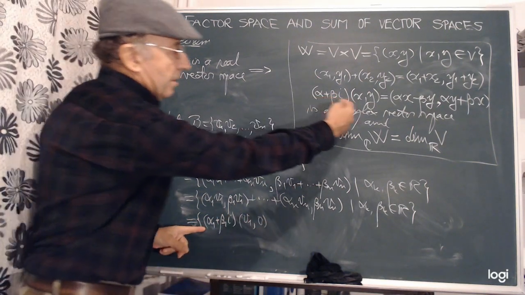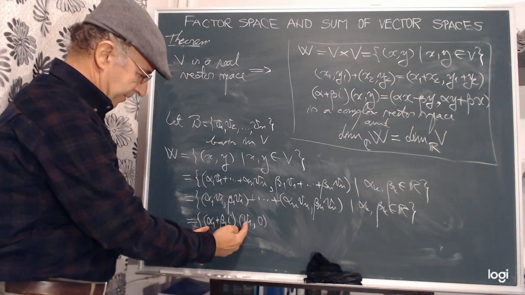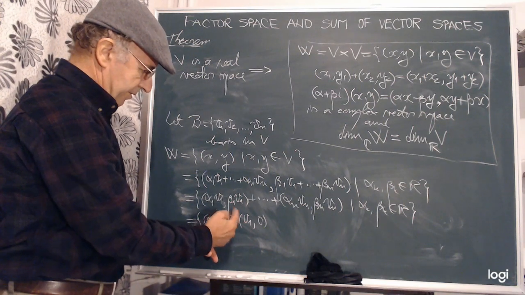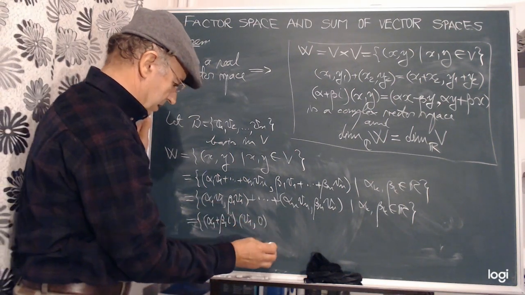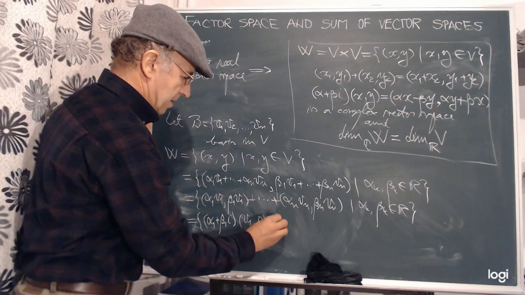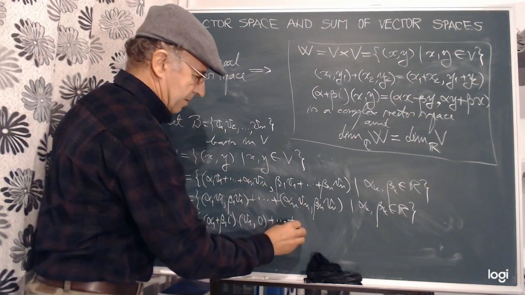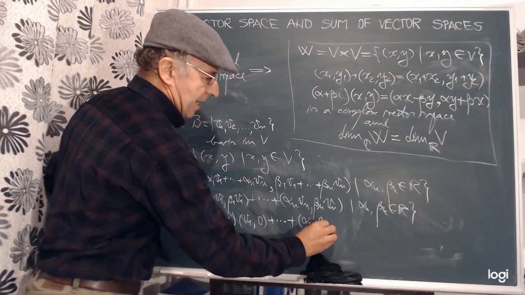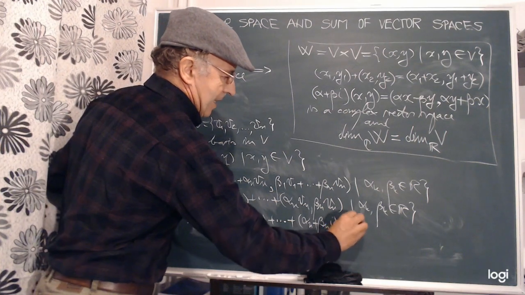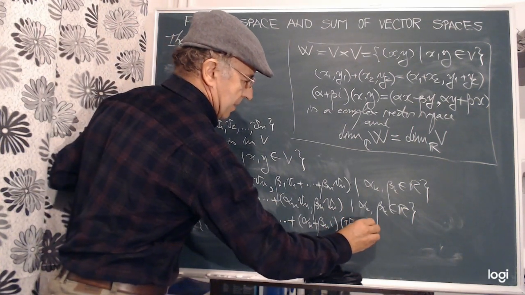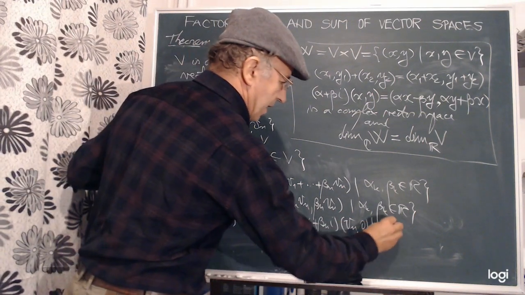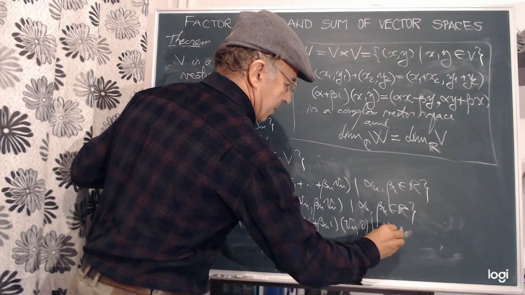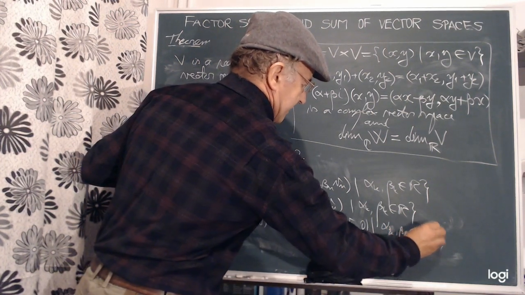If we have this multiplication, the first component is okay, the second component also is okay, and plus, similarly here, (alpha n plus beta n i) times (vn, 0), where alpha n, beta n, alpha k, beta k all are real numbers.